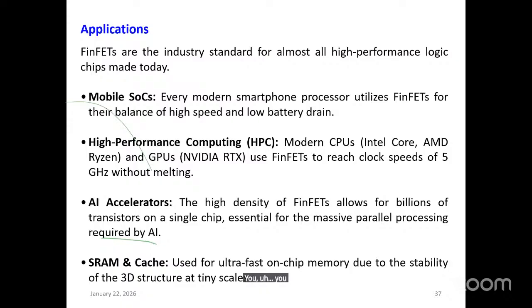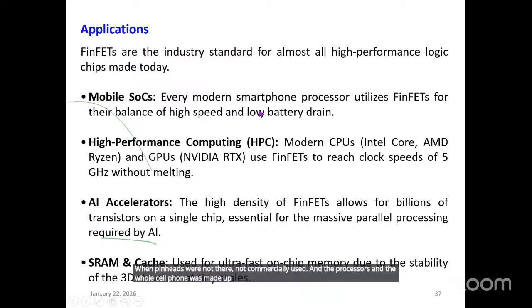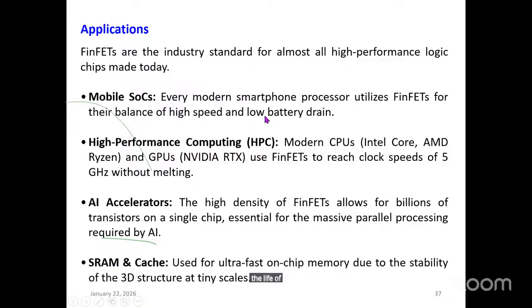You can just recall the earlier devices, earlier mobiles, when FinFETs were not commercially used, and the processors and the whole cell phone were made up of MOSFETs. Therefore, the MOSFET has definitely more leakage. Whether you use the cell phone or do not use it, once it is on, the battery drain is there, and the life of the battery reduces when you use the cell phone for a longer period.